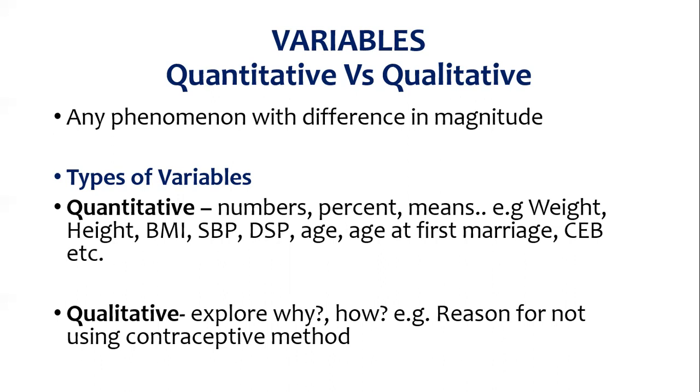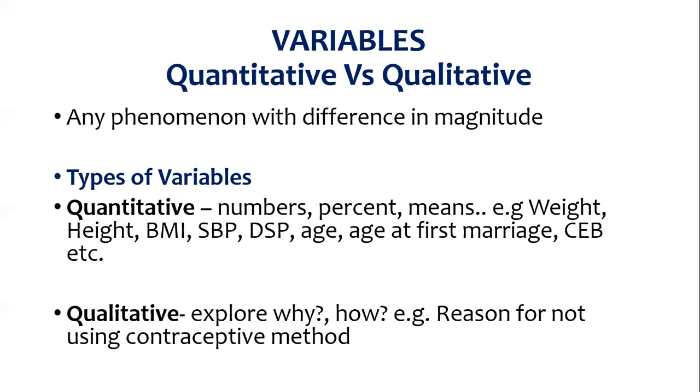Then for qualitative, it provides more information, but it varies from one person to another. For example, if people are not using a contraceptive method, there are different reasons. Why am I not using it? Or how am I using mine?